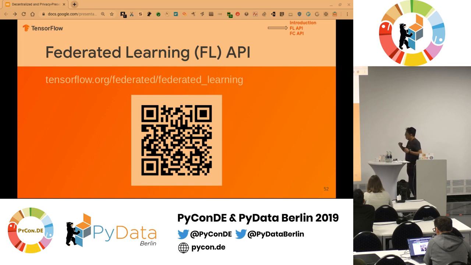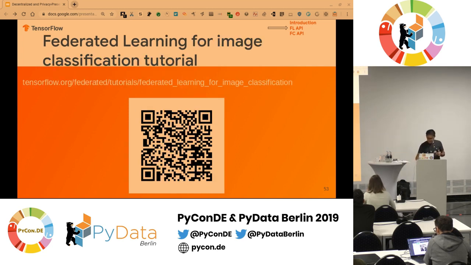And that's the link. So if you hit that QR code, I think you'll go to the tutorial, to the Federated Learning API. So we're going to follow the first tutorial, which is the image classification tutorial for FL. If you're familiar with the MNIST data set, a lot of experimentation is based on it.